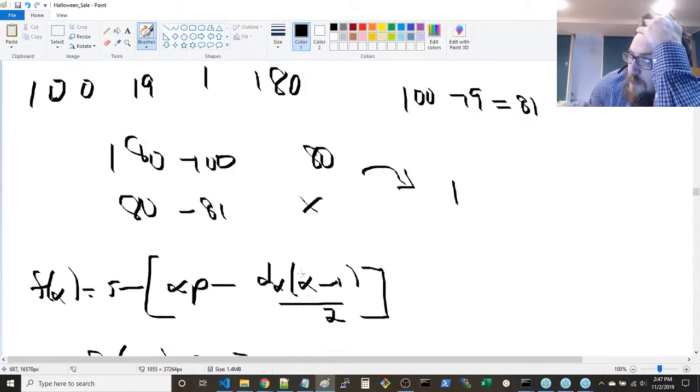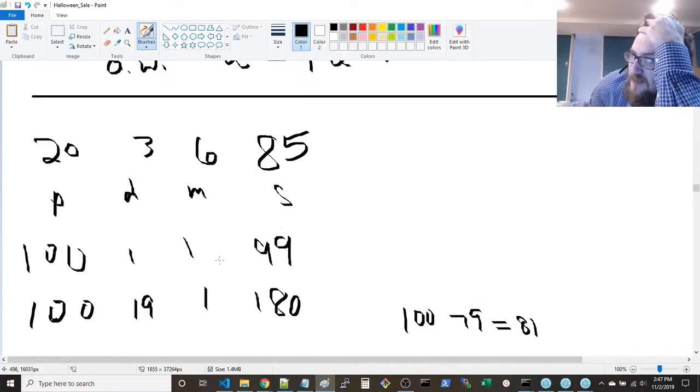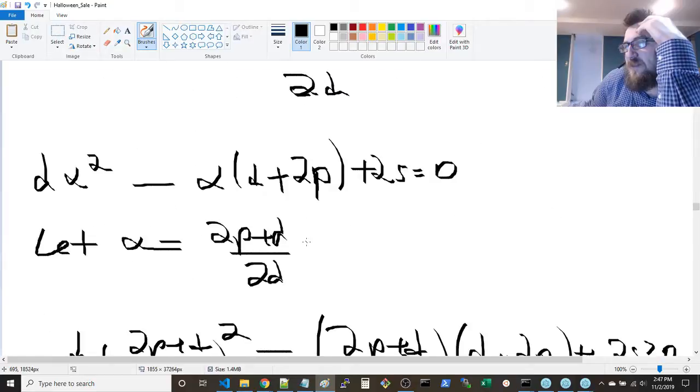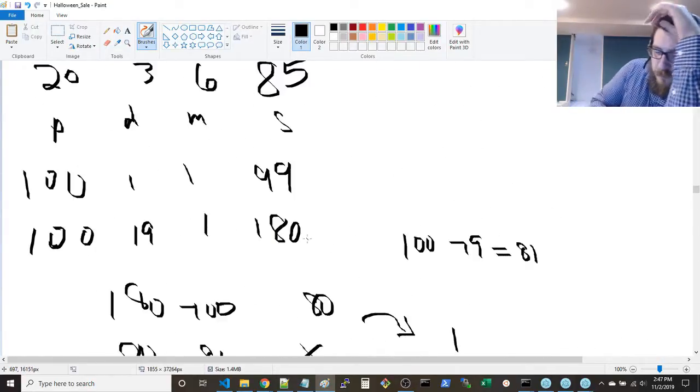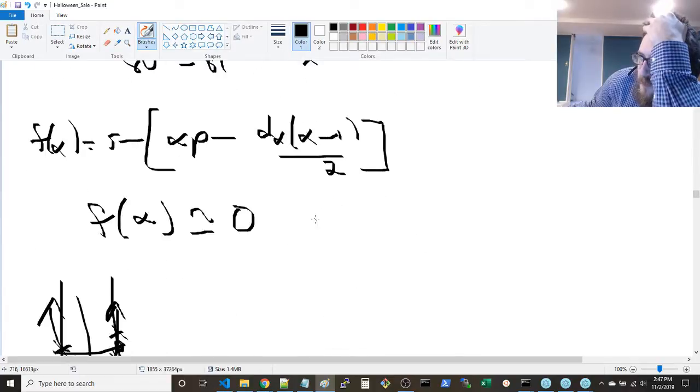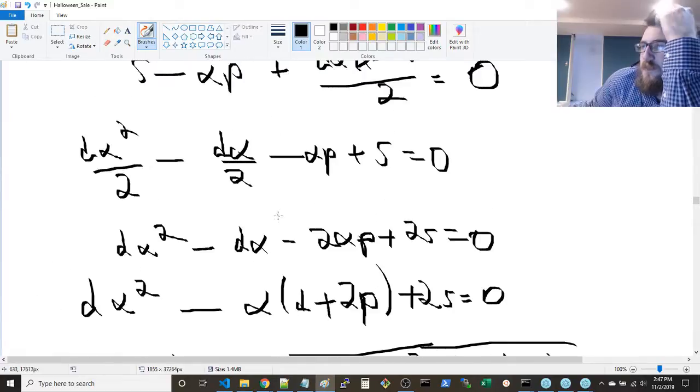Okay. Does that matter? Do I care? Well, I guess it kind of does, because if we're going to calculate when this function hits 0, well then we minimize.